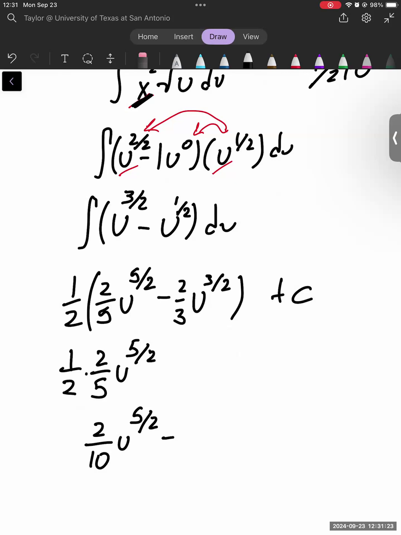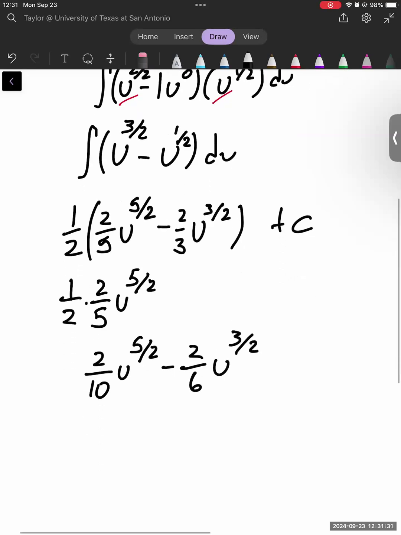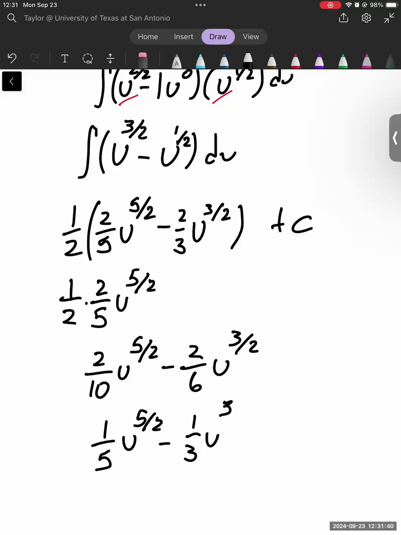I get 2/6. All right, so we can reduce both of these fractions, giving me 1/5 u to the 5/2 minus 1/3 u to the 3/2 plus c.